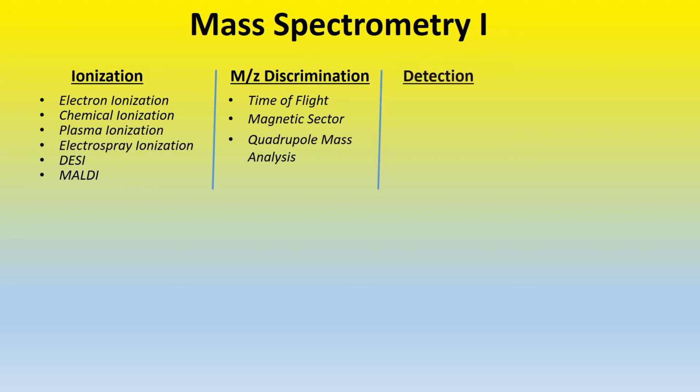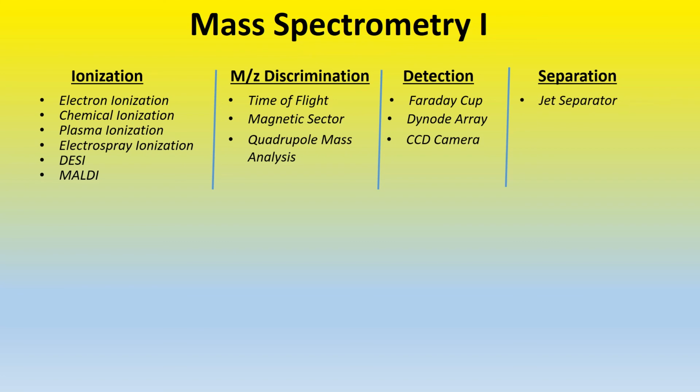And what's the best way to detect what comes through? Faraday cups actually count individual ions one by one, while dynode arrays have unmatched gain and sensitivity. But CCD cameras have the most versatility. And to get any of this stuff to work, you have to make sure you have a clean sample.